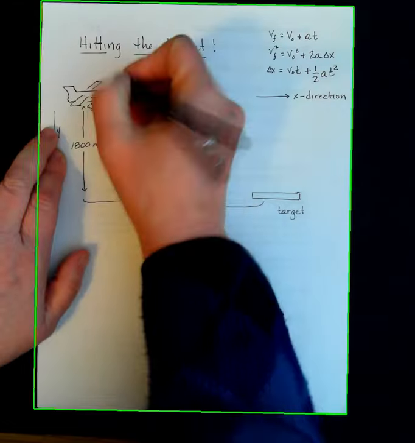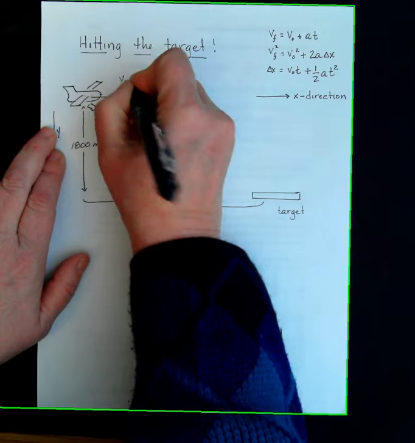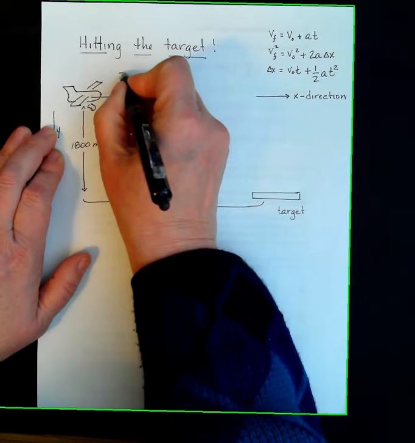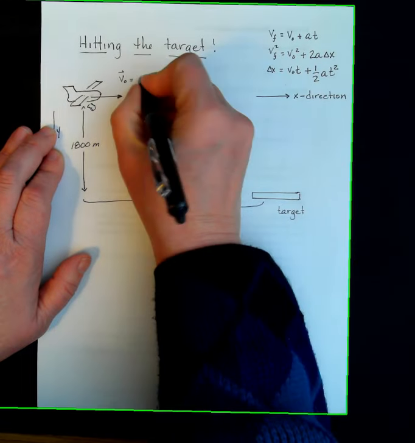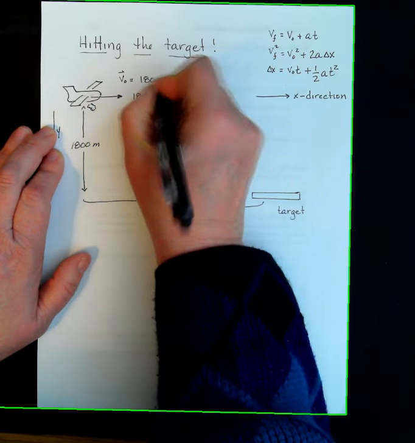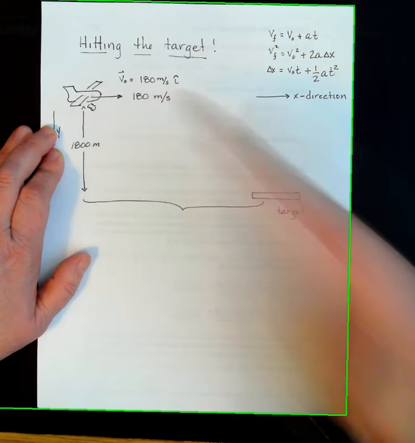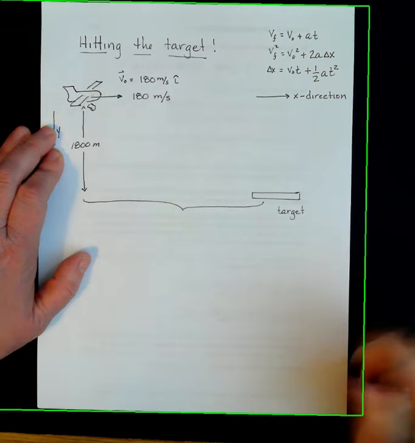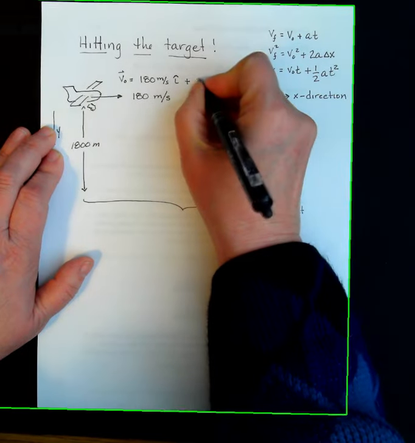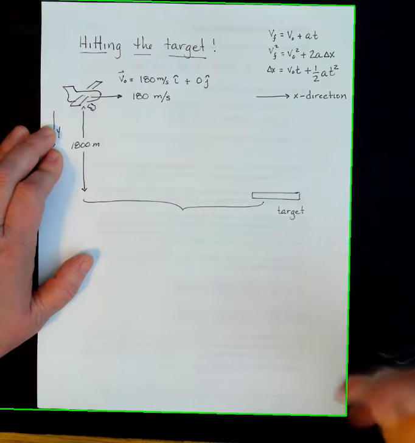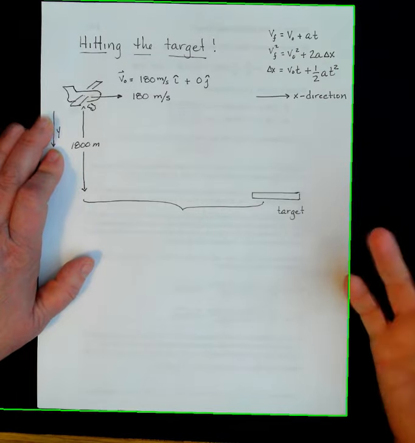So my initial velocity, if I write it out in vector notation, is only in the x direction, and it's 180 meters per second in my unit vector in the x direction. But I have no velocity in the y direction. It's just going to look like I'm dropping the ball off at the top of the roof.